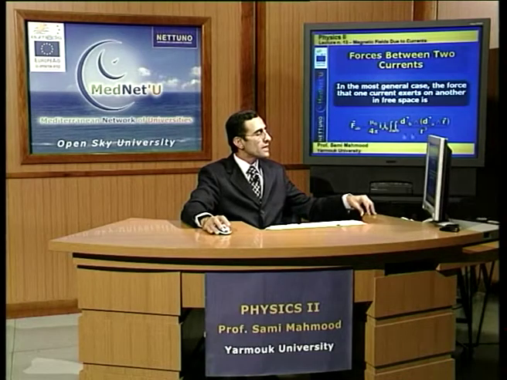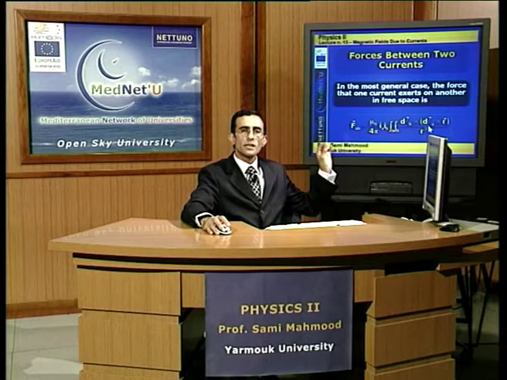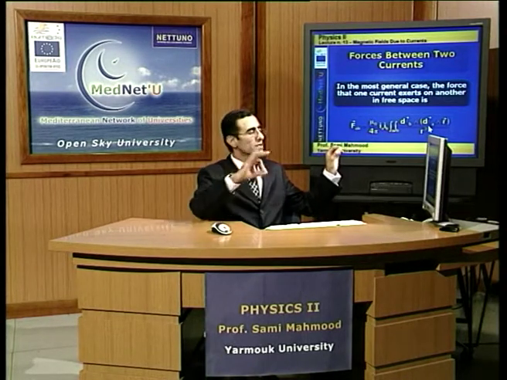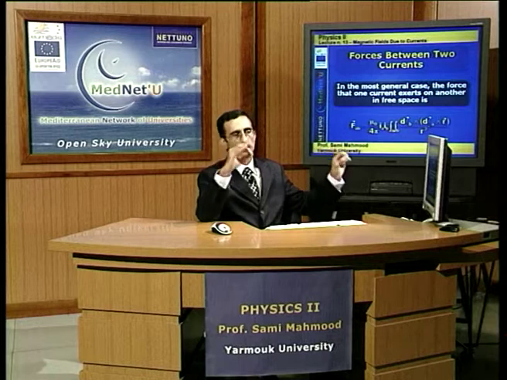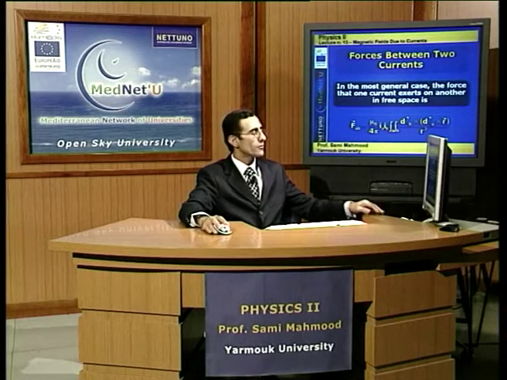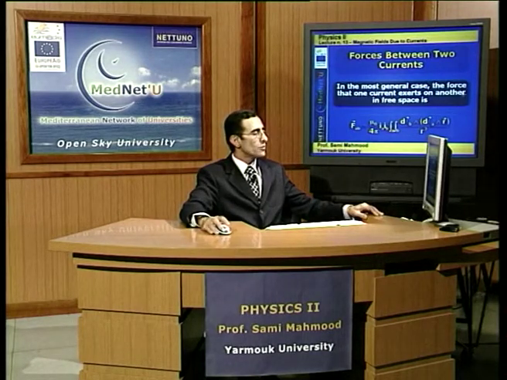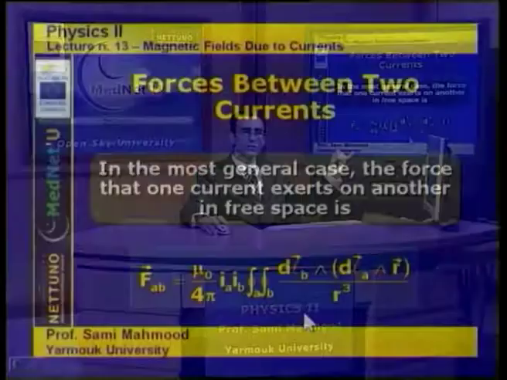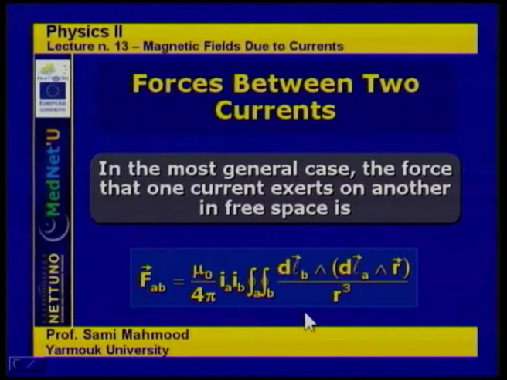That is the force that the element dLB exerts on dLA, or vice versa, of course. They just differ by the direction. We see that the force is proportional to the currents and proportional also to the lengths of the elements, and it's inversely proportional to the square of the distance between them.